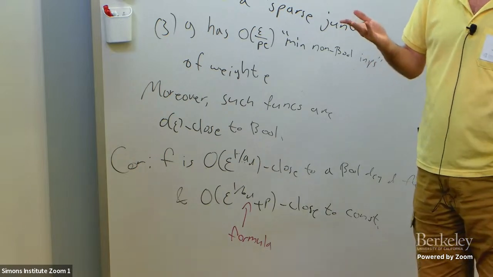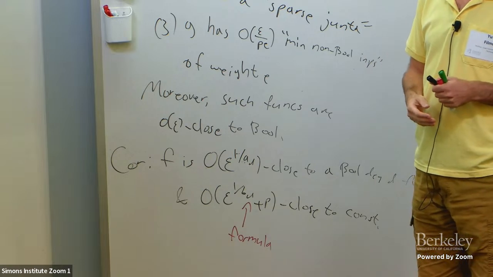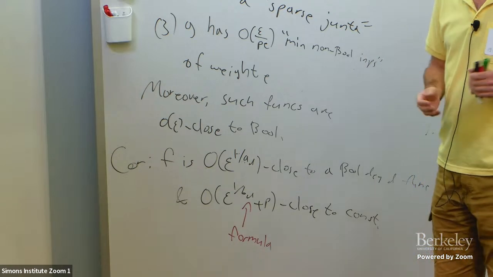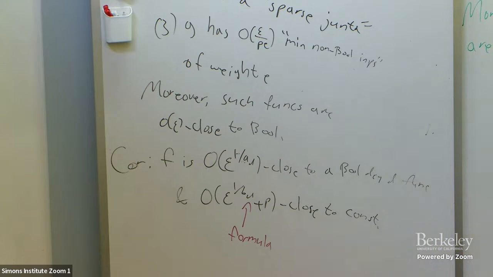And then hopefully I'll have maybe a few minutes to talk about the proof. Yeah. Condition 3 is for every, for some E. Yeah, so it's for all E, but it turns out that the minimal non-Boolean input has bounded weights. So it doesn't matter. I haven't defined it yet, so you can imagine what it means.